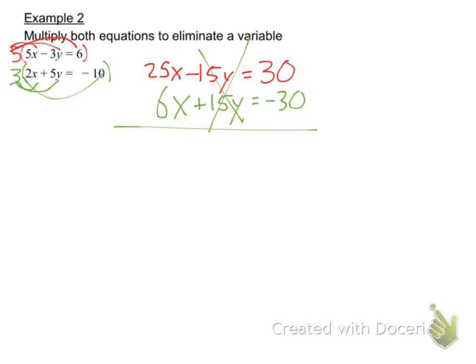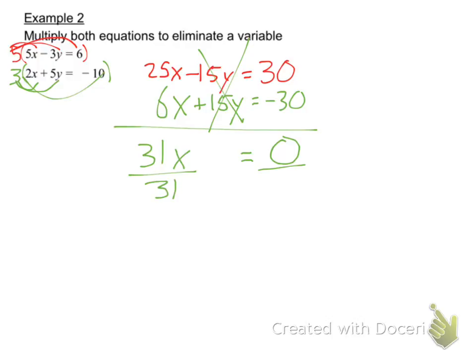What's 25 plus 6? 31. 31x. And wait a minute. 30 plus a negative 30 is 0. So 31x equals 0.